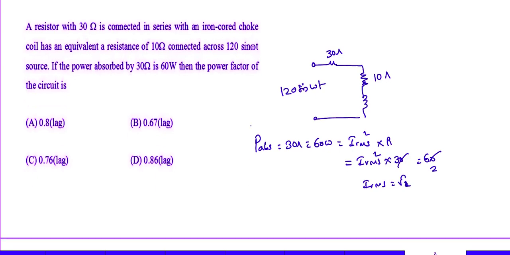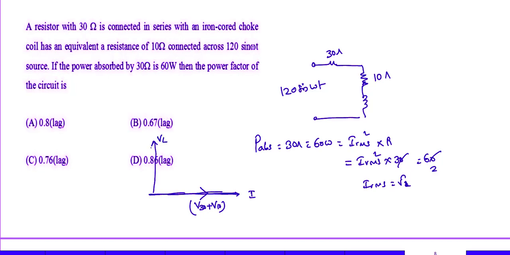You all know the phasor diagram well. So I am taking the series current as the reference phasor. Voltage across 30 ohms and voltage across 10 ohms are in phase, and the voltage across the inductor leads like this.